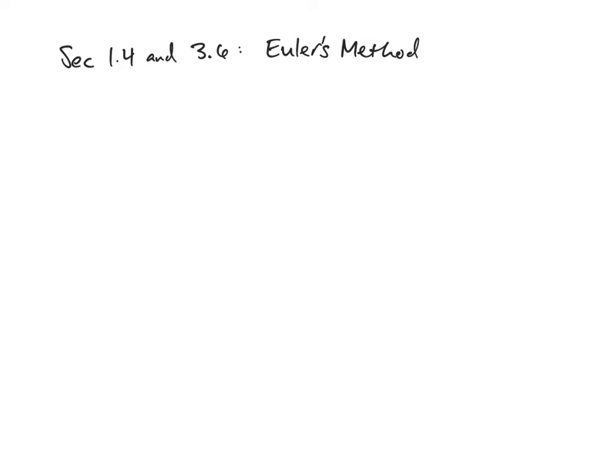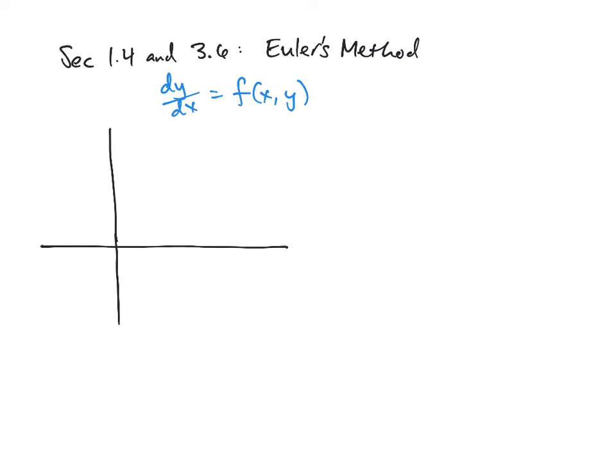So let's suppose we have a first order differential equation, dy/dx equals f of x, y. So remember back from our direction fields where we had our xy plane, and we had some initial points. So let's say here that y at x naught equals y naught.